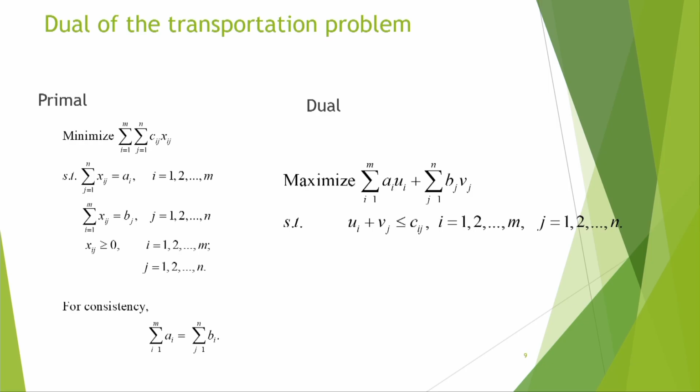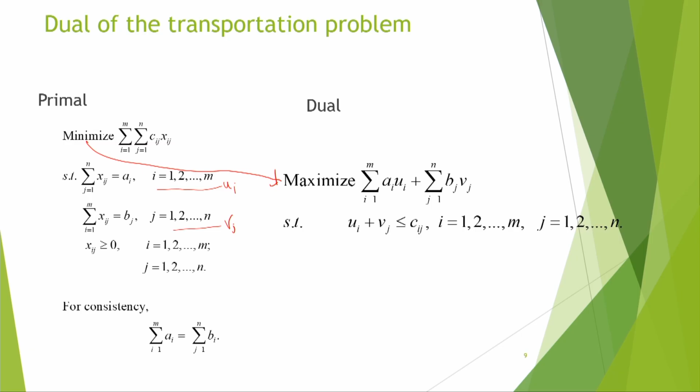So how can we convert it into dual form? First, my minimization becomes maximization, you know very well, and associated with this I can associate some variable ui, and here I can use vj. I could have used the same symbol, but I am using ui and vj.